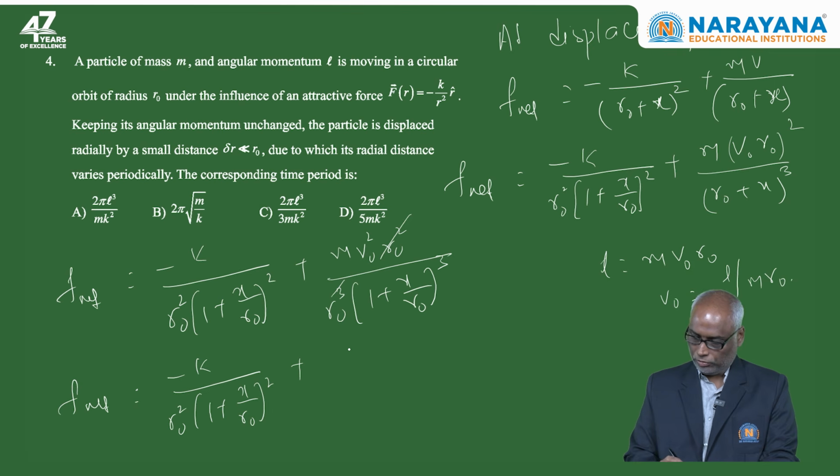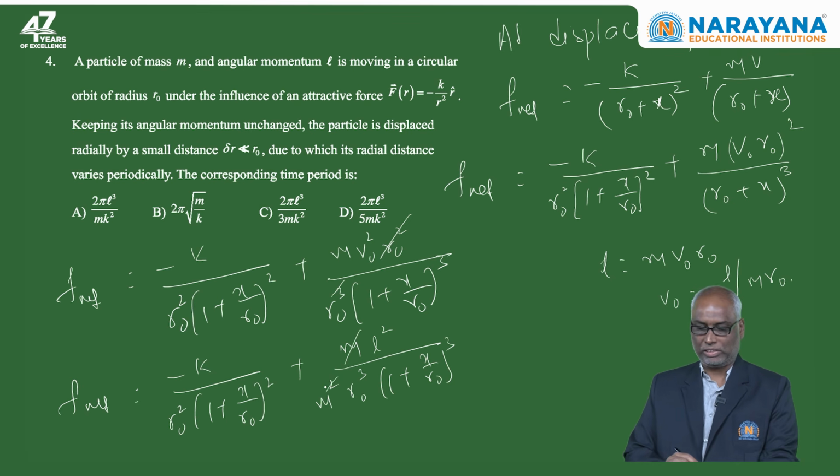So m into v naught square can be written as L square whole divided by m square into r naught square. You will get r naught square into r naught is r naught cube, into 1 plus x divided by r naught whole cube. 1 m and 1 m will get cancelled.